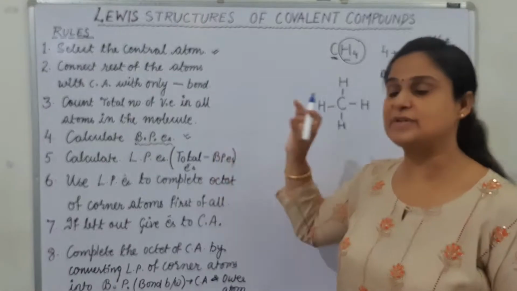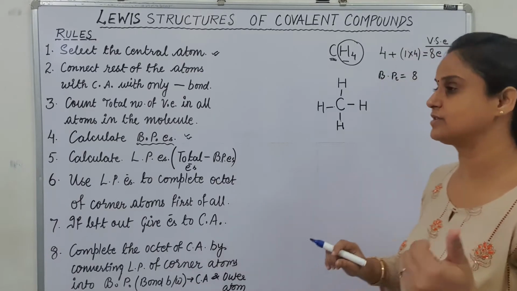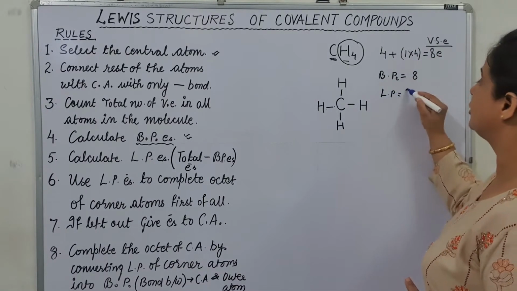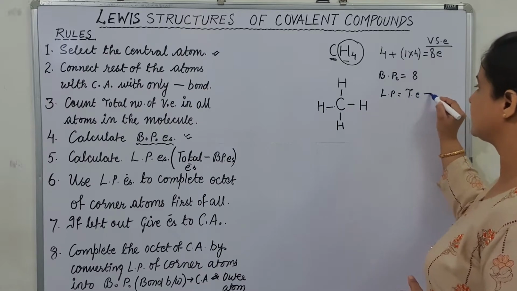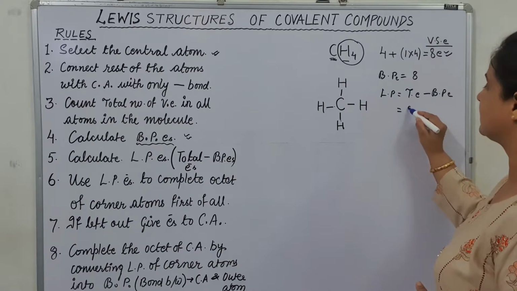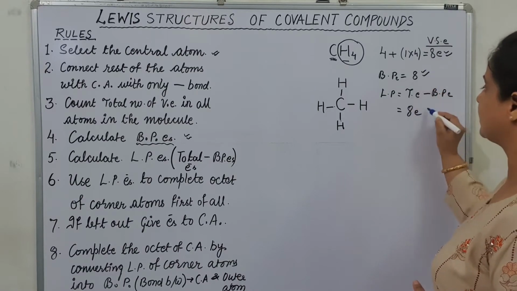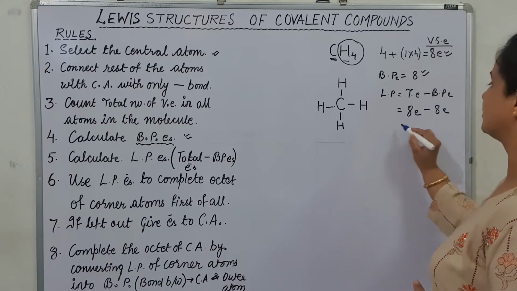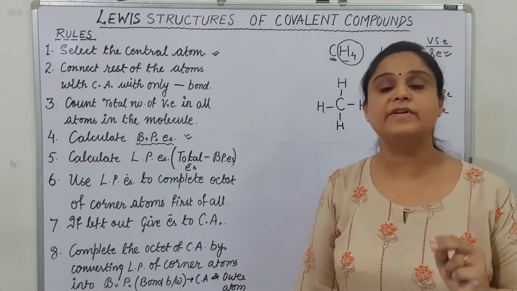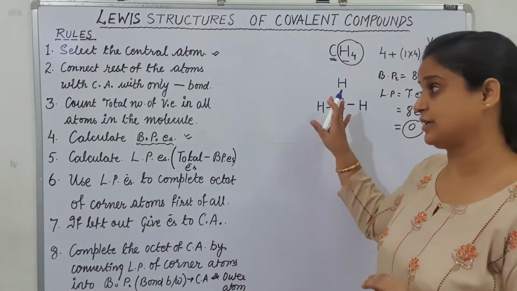The next step is calculate lone pair of electrons. Lone pair of electrons we can calculate using total electrons minus bond pair electrons. So how many total electrons are there? 8 electrons. How many bond pair electrons? 8 electrons. So we have no lone pair of electrons left out. So we don't have any lone pair of electrons in this particular compound.